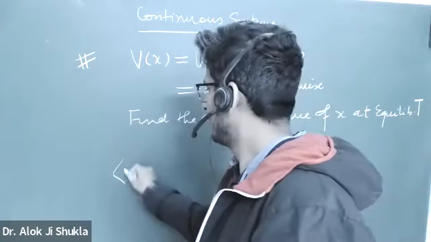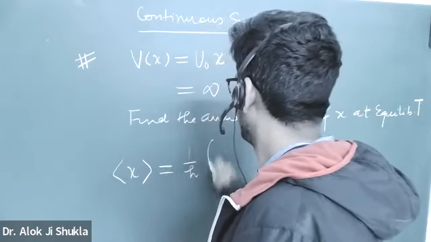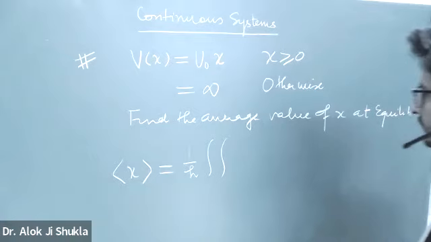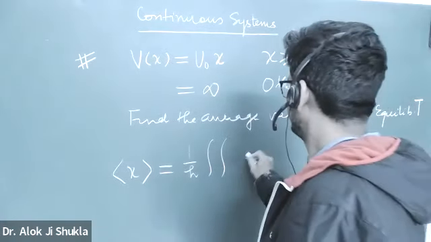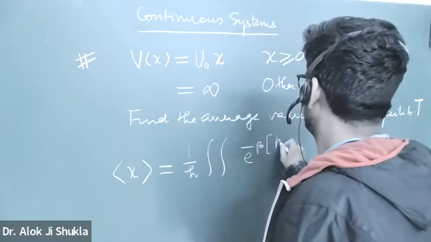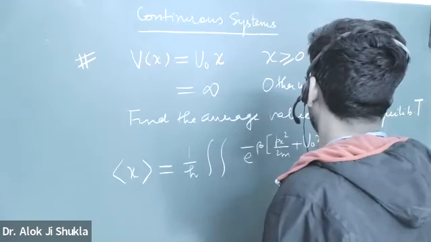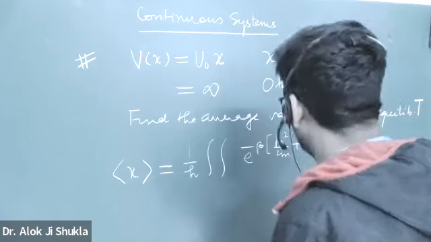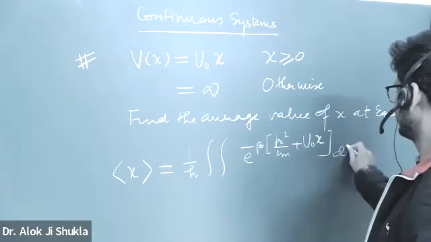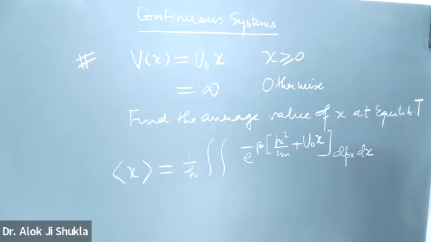देखो जरा ध्यान से, कैसे लिखें average of x को: 1 by h double integral e to the power minus beta, px square by 2m plus u naught x, dpx dx, and you have to calculate average of x.